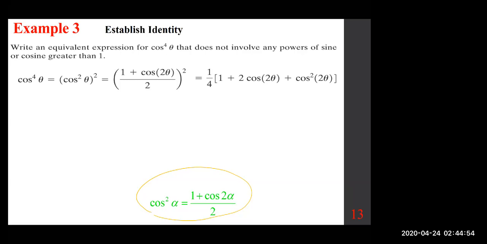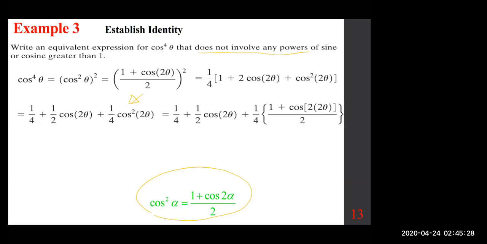So we apply the 1/4. Remember what we want: no powers. So everything is good except this one, because it has a power of 2. And so what do we do? Do we replace it again with the cosine squared of alpha? Beautiful. So when we do it again, it looks like this. The first piece and the second piece do not change.